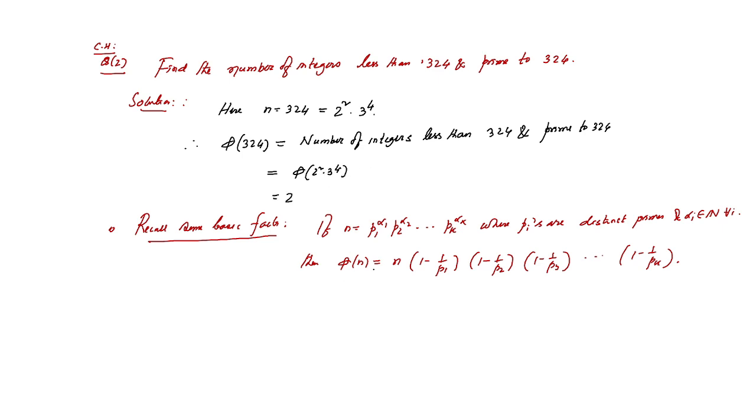That we can use by this formula. So by star, we can write 2 square into 3 to the power 4, 1 minus half, 1 minus 1/3. Just simplify it and you will see this value will be 108.